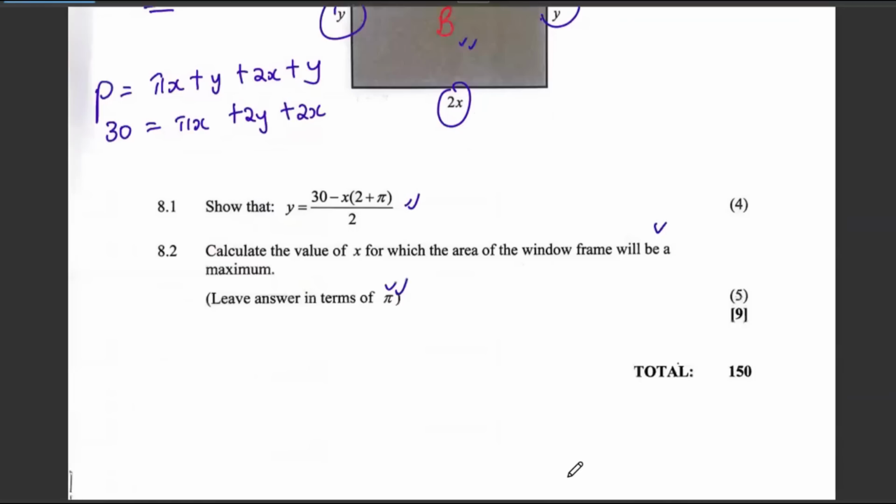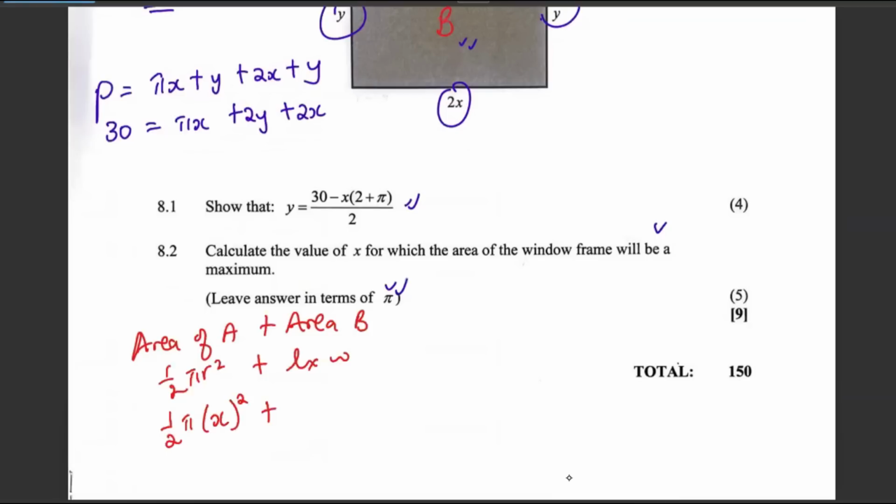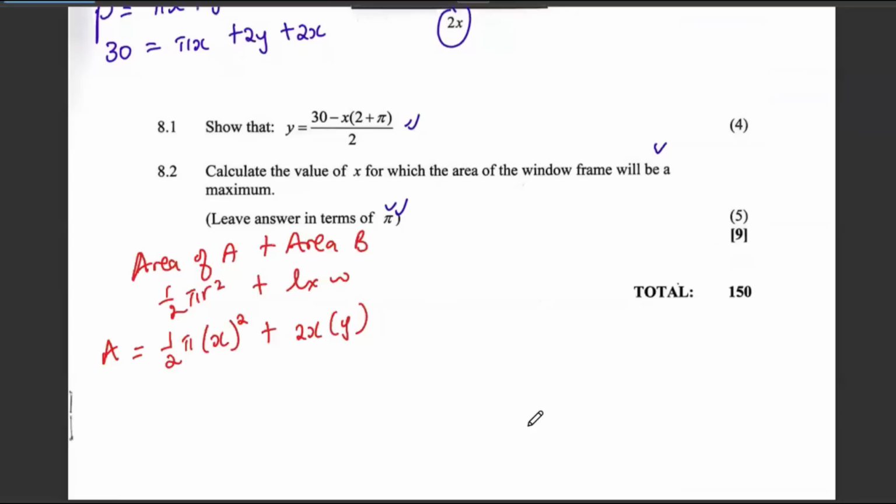So for me to get the area of A, which is a semicircle, plus the area of B, which is a rectangle, that's going to be a half pi radius squared plus length times width. So that's a half pi, our radius was x, plus the length is 2x multiplied by y. This is area. We simplify this.